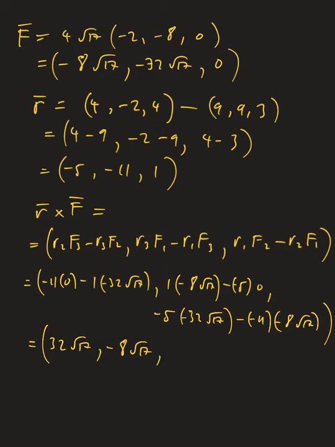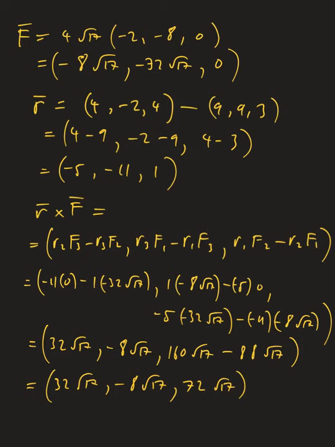And my final component then is minus 5 times minus 32, which gives 160 times root 17, and I have 3 minuses here, so I get minus 8 times 11, which is 88 times root 17. That finally gives 160 minus 88, which is 72 times root 17. And that is the moment of the force.